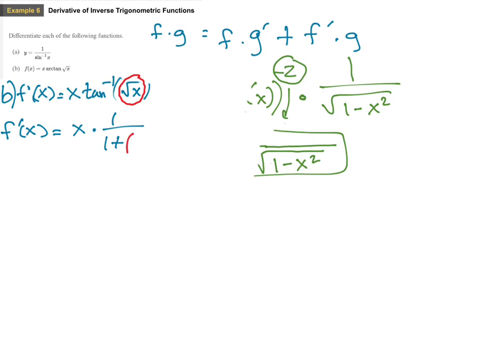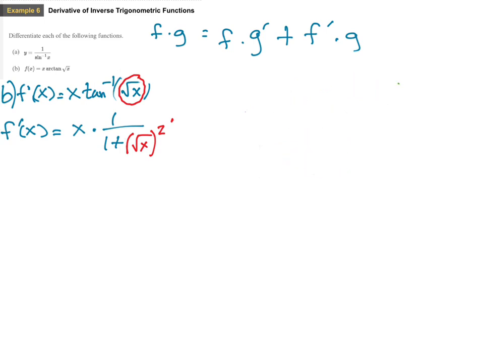So now it's going to be 1 over 1 plus square root x squared times the derivative of the peanut. What's the peanut? The peanut is square root x. So the derivative is 1 over 2 square root x.